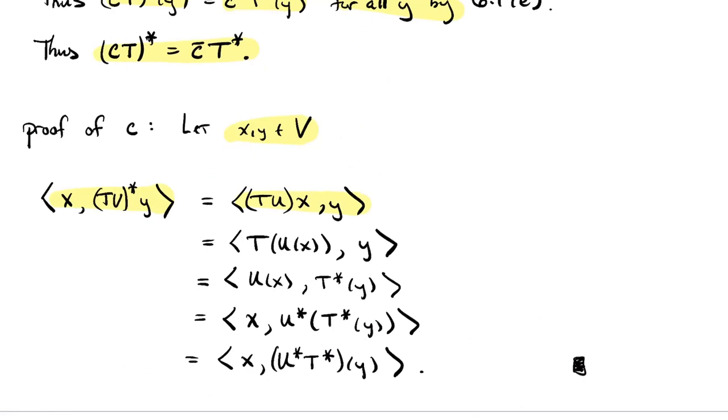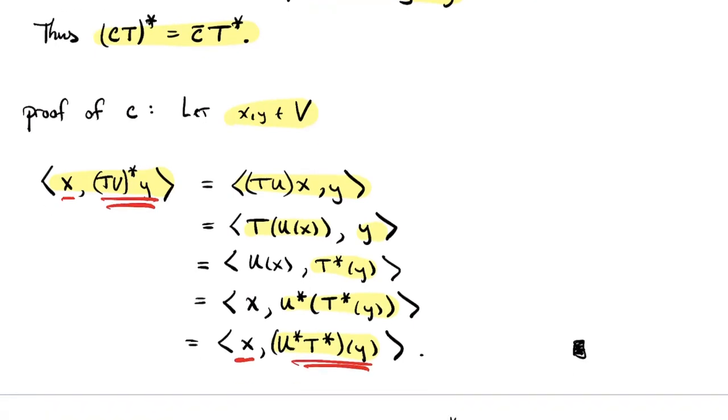Then TU of X by definition is T of U of X, inner product with Y. Then bring the T across, which puts the star over there. Then bring the U across, which puts the star over there. And that by definition is U star composed with T star of Y. And once again, by theorem 6.1e, since this is true for every X, the elements in the second coordinates have to be the same. All right.